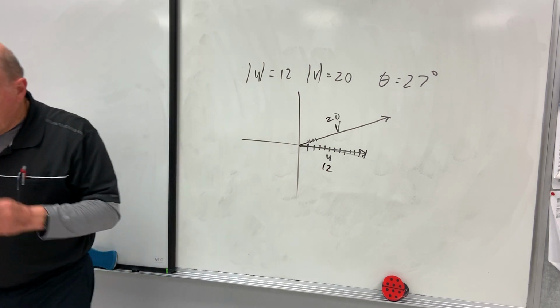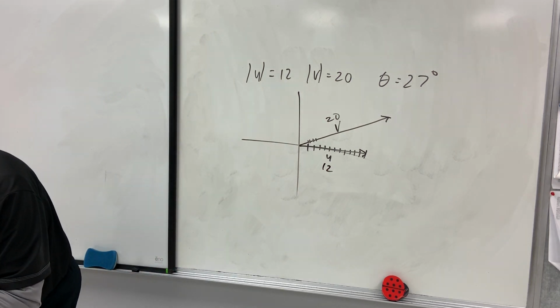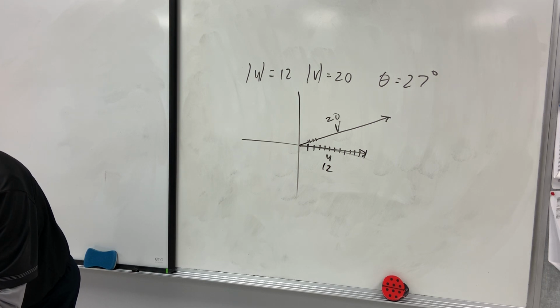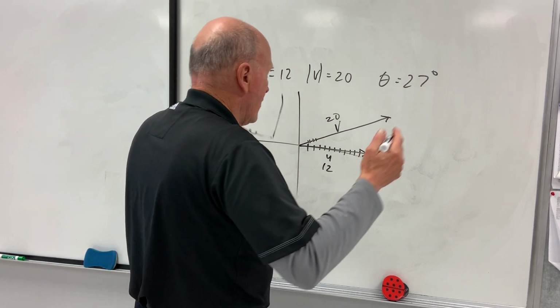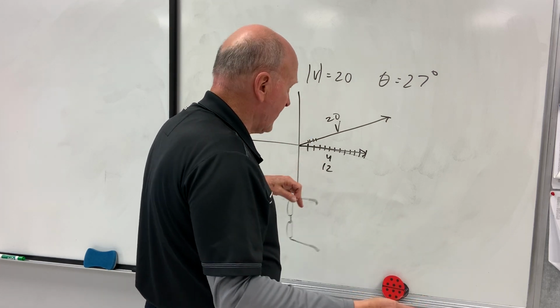Let's see if there's anything else they're asking me to do with that. For each pair of vectors u and v, with angle theta between them, sketch the resultant. Okay, I want to add these together. Now, again, two ways I can think of it.